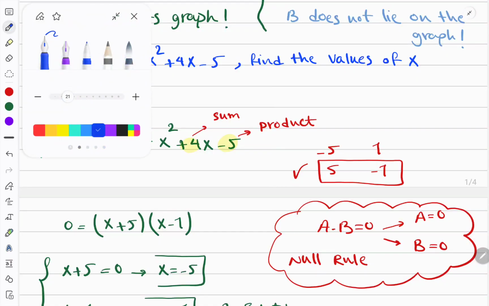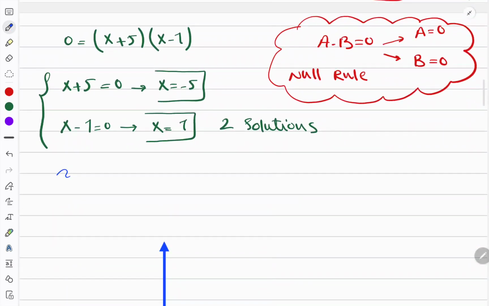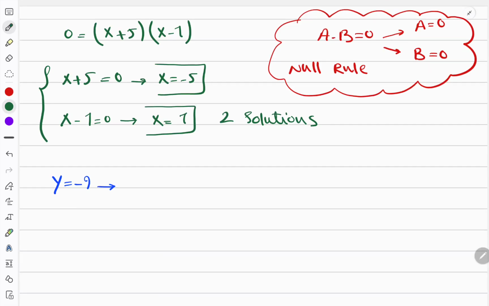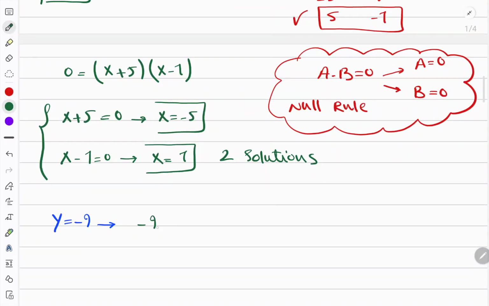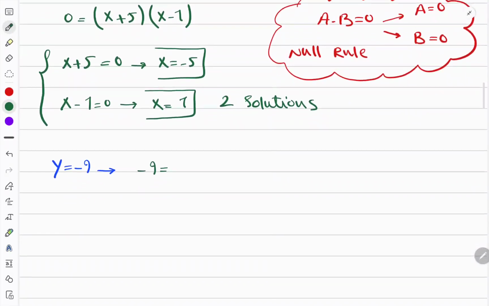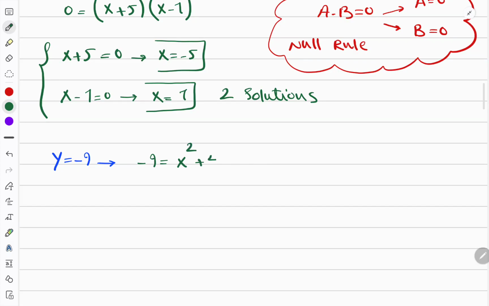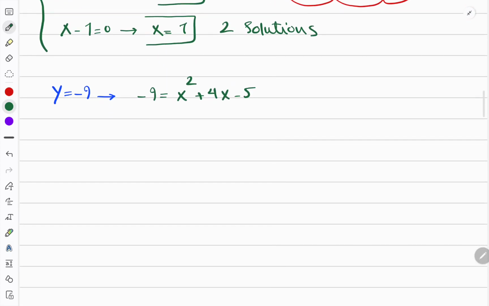And if y is, for example, -9, we are going to find the values of x. Substitute -9 into this equation. So -9 equals x squared plus 4x minus 5. And take -9 to the right side of the equation, so the left-hand side is 0. x squared plus 4x minus 5 plus 9.